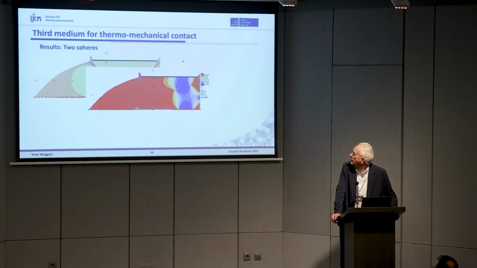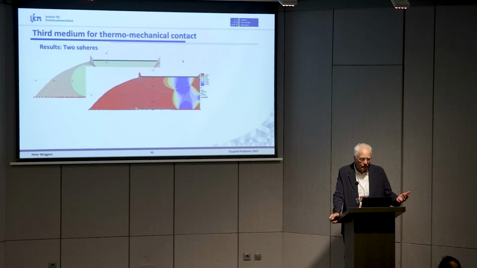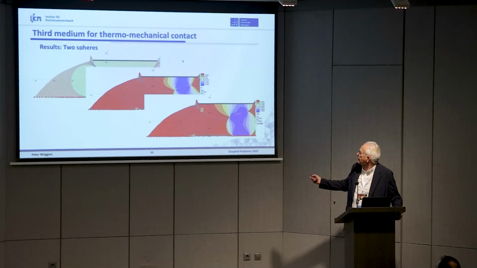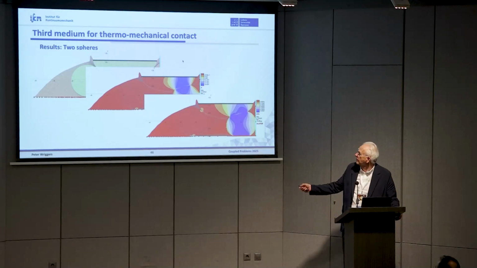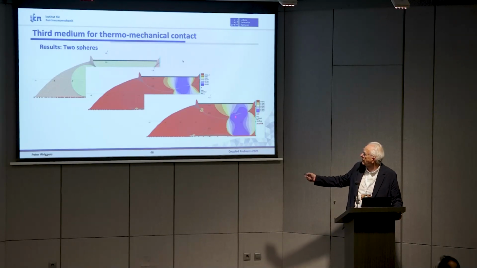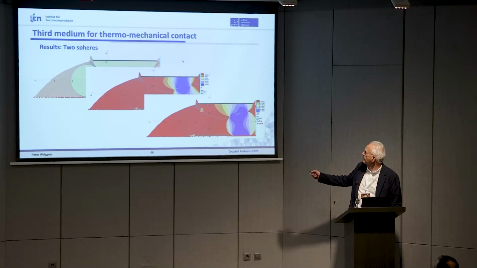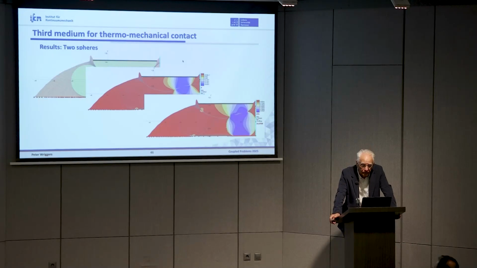But now this is the pressure distribution, which also looks the same, and we also have here the heat transfer, the conductivity through the interface. You can also see some little things here because it's quite close to the other surface, where we have a little bit of heat transfer. But classically you would say, okay, this is very small compared to that one, so we have a good solution for this problem.